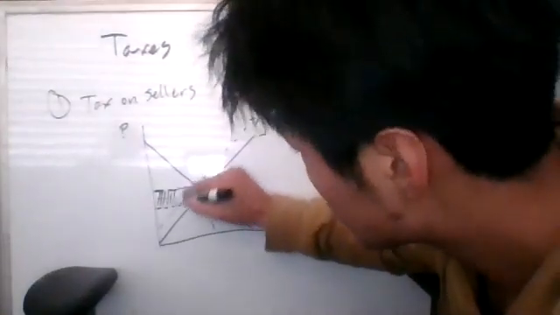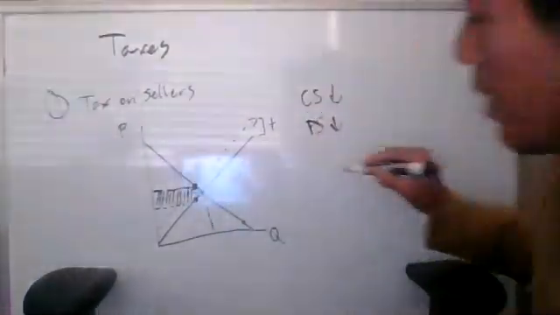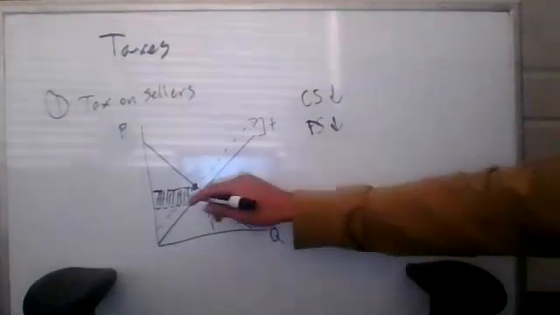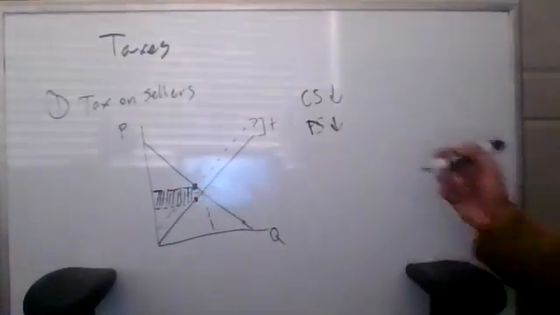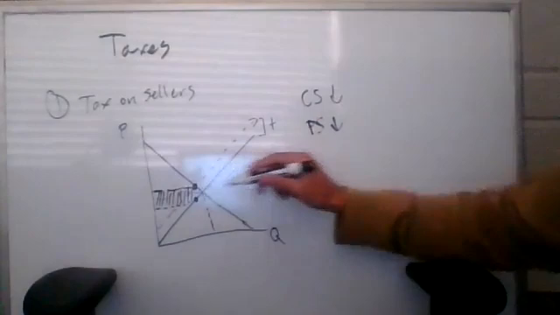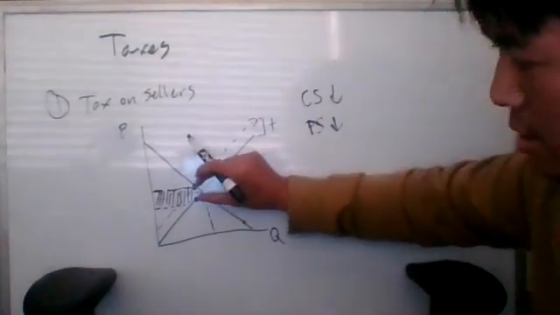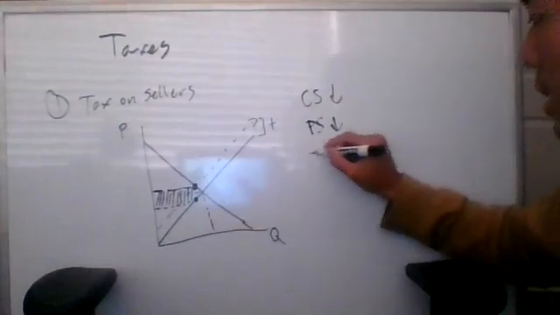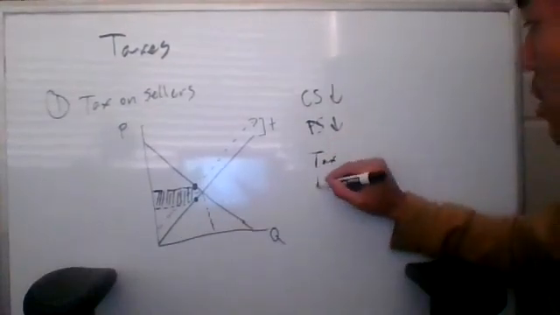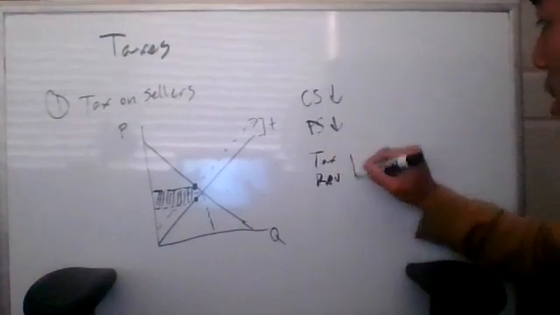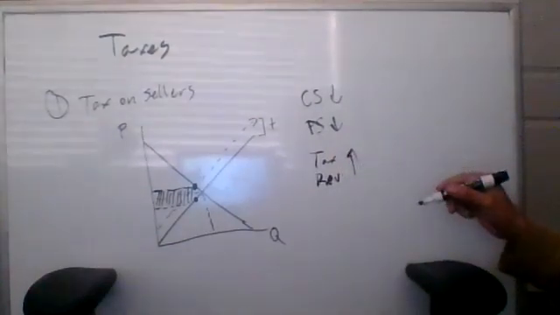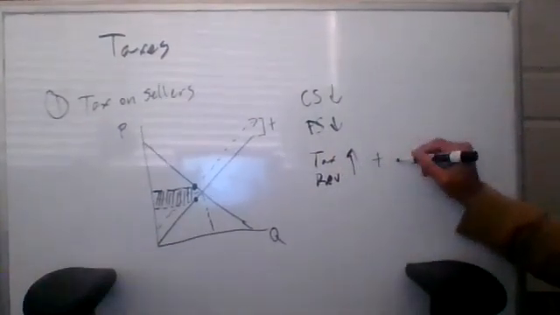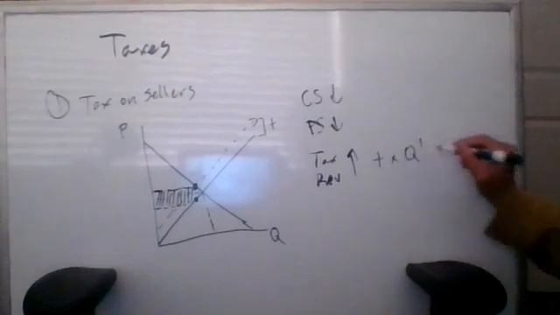So you might be wondering, if both of these go down, what could be the benefit? Well, the benefit right here is this rectangle that we're going to call government revenue. So this is basically tax revenue, and this is the amount of the tax times the new number of units that are sold. So tax revenue goes up, and this is going to be T times Q prime.